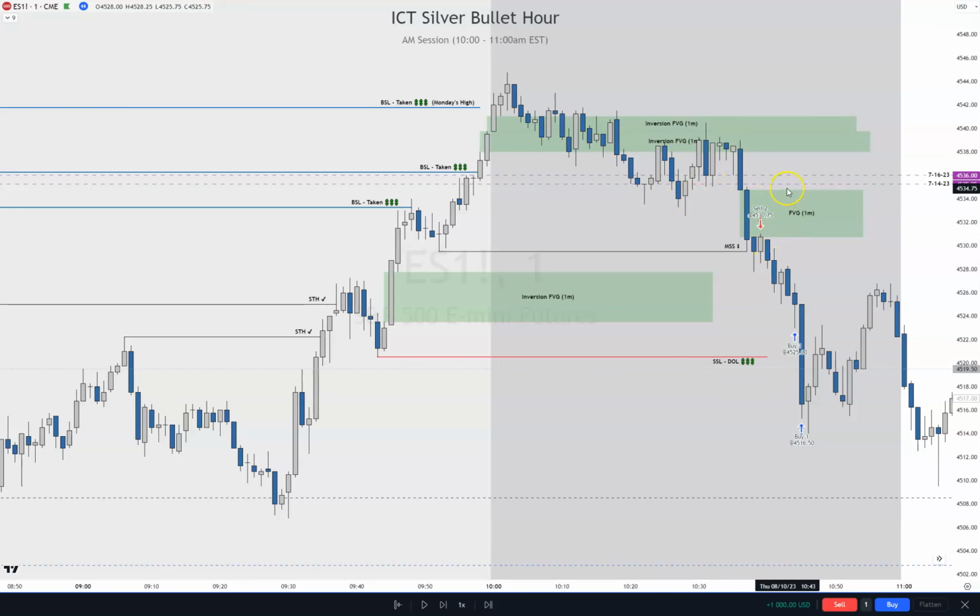However, if price did come up and take us out, I would have just re-entered, because you have a fair value gap here, which is right in line with a new week opening gap, and these inversion fair value gaps holding price. I would have taken the same trade. So it triggered us in. We were targeting this low right here. We were going to take a partial after the fair value gap was hit, and that was our Silver Bullet trade setup for Thursday, August 10th.